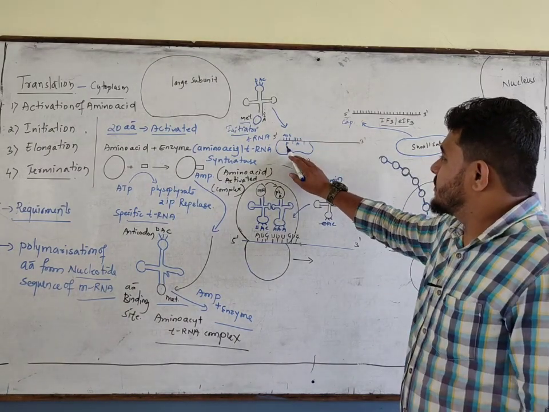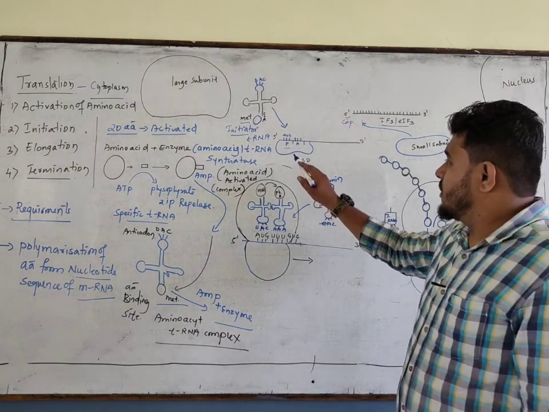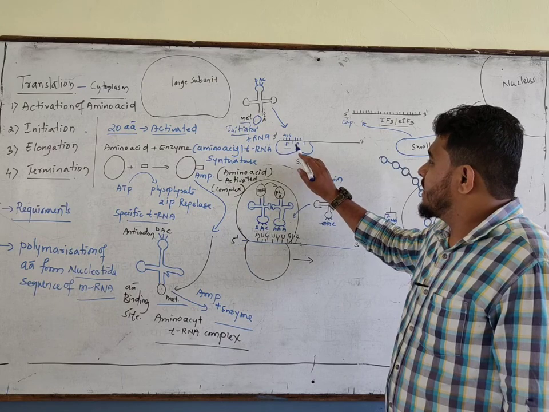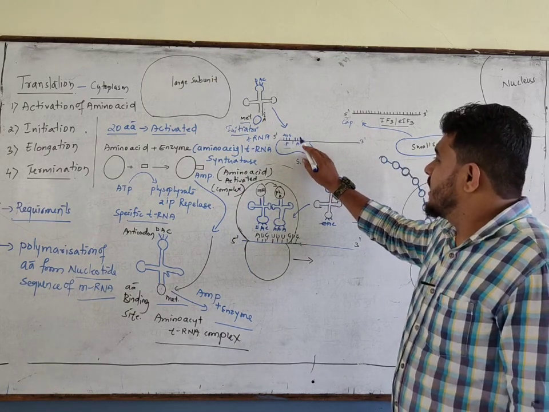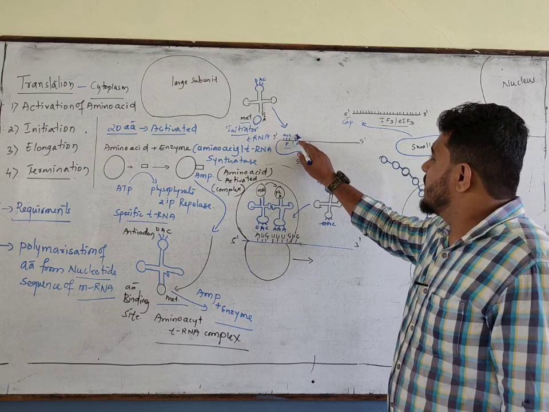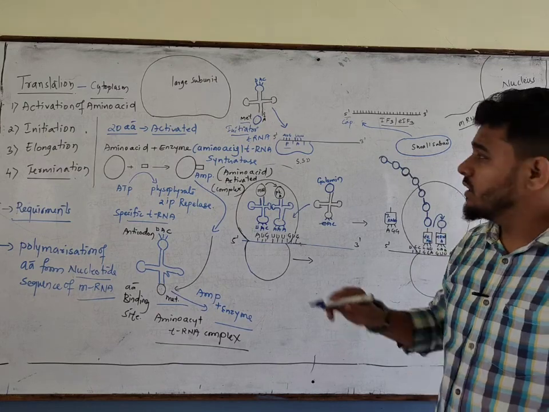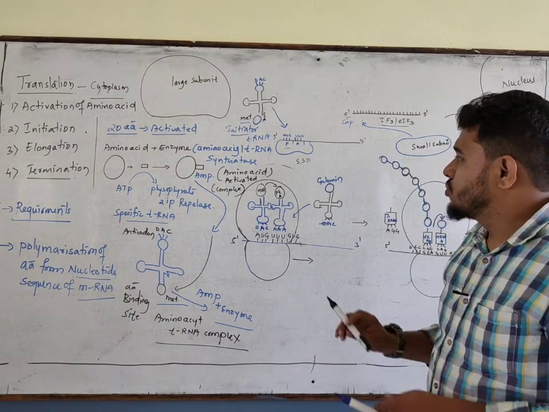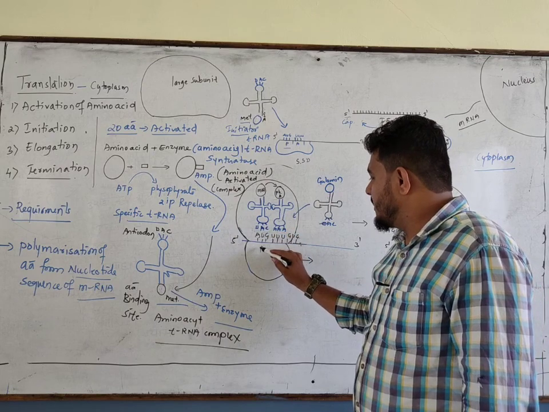Okay, so they will attach. They attach at the P site. So the first site in a small subunit is the P site, and beside that there is the A site. The A site is for the next particular amino acid. Okay, it contains a particular codon. So now they have attached to the P site.